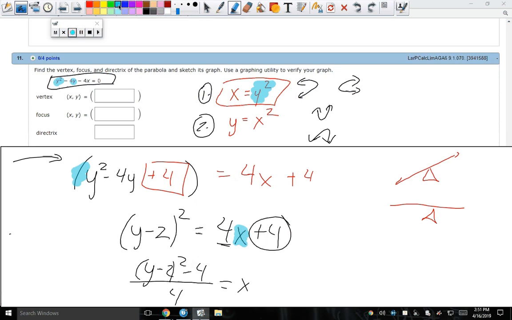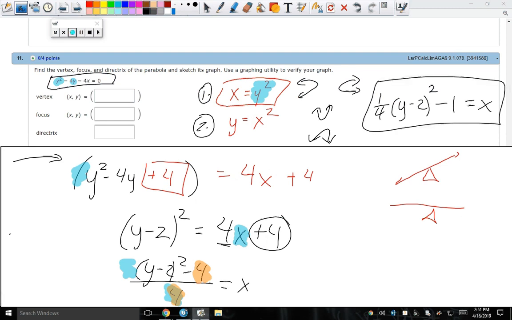Look, I have 1/4 here, and I have 4 over 4, which is 1. So this will become 1/4 (y − 2)² − 1 = x.